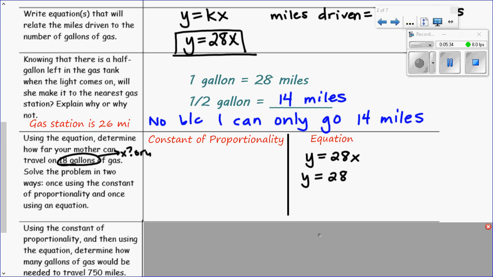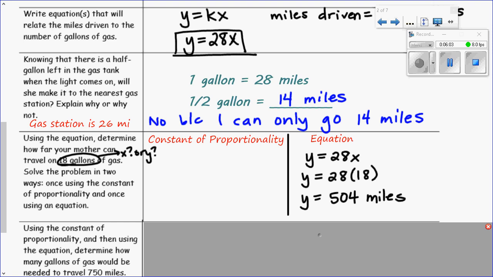Go back up to your table if you need to know. It is the x. Okay, good. So we're going to plug that in right here: 28 times 18. Okay, and then when we multiply that, go ahead, pause it if you need to. Did you get 504 miles?